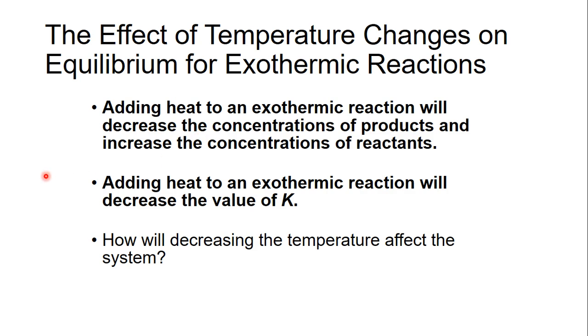So you're decreasing your concentration of products and increasing your concentration of reactants. Now K is products over reactants. You're decreasing your numerator, increasing your denominator, so K will decrease. So that is how temperature affects that system.